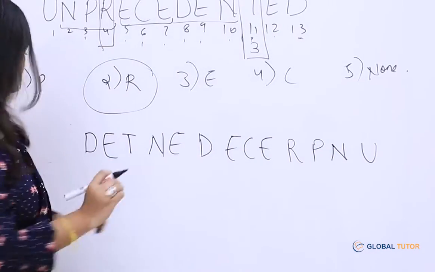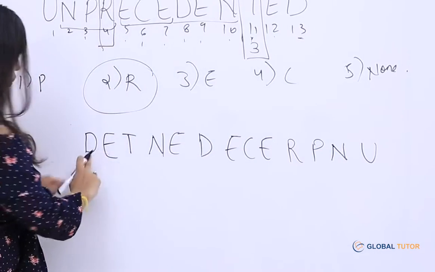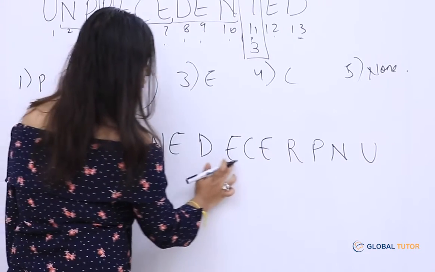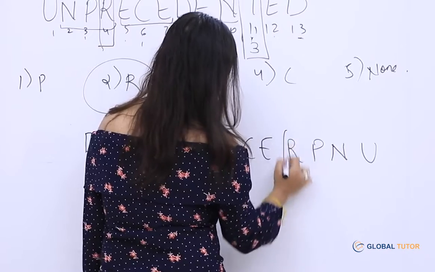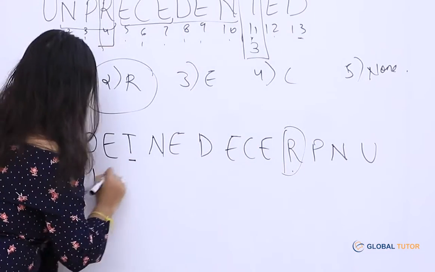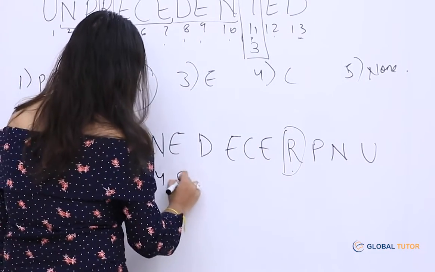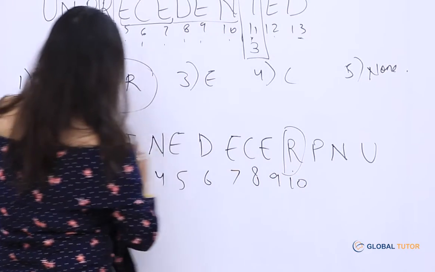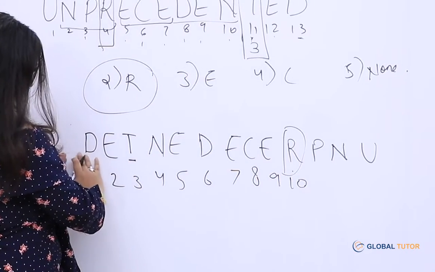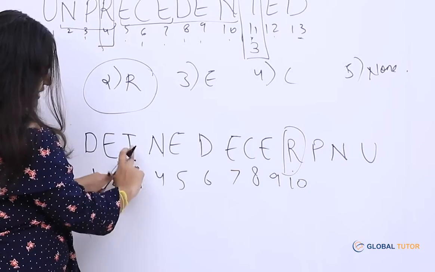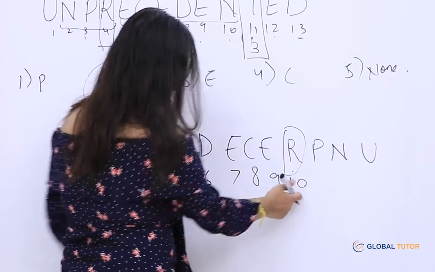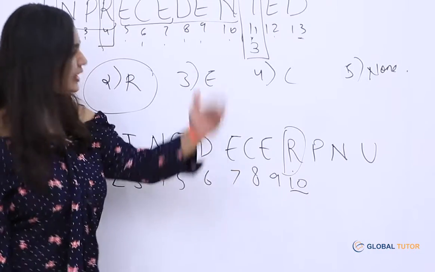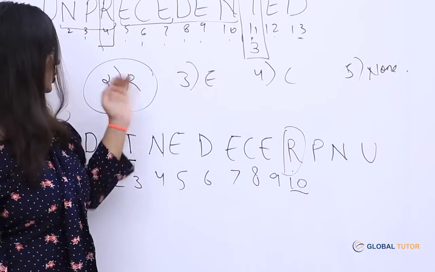So now you go 1, 2, 3, you find the third batch, and then you go 1, 2, 3, 4, 5, 6, 7, and you find this letter. You can also write down the numbers. That's not that important right now here, but still, just to check, like you came left 3 letters plus 7 to the right, that becomes 10. So maybe something like that, so that you can cross check this whole thing with the options given here.